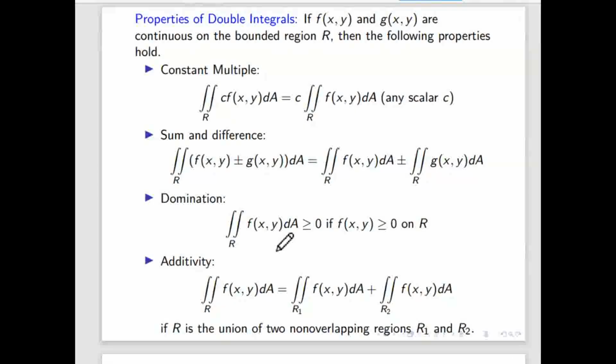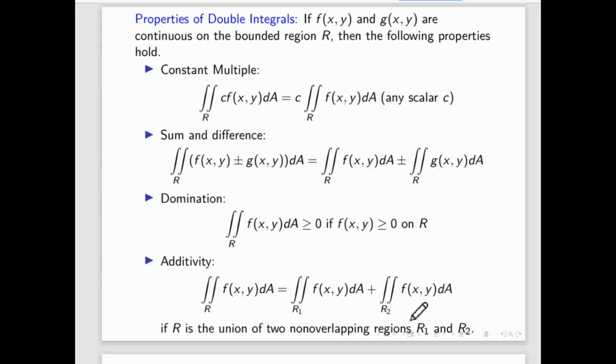Then the additive property says that if you are integrating over the region R, and this R is divided into two sub-regions that are non-overlapping, that means there is no common part, and R1 union R2 is R, then the integration over R is nothing but the integration over R1 plus R2.